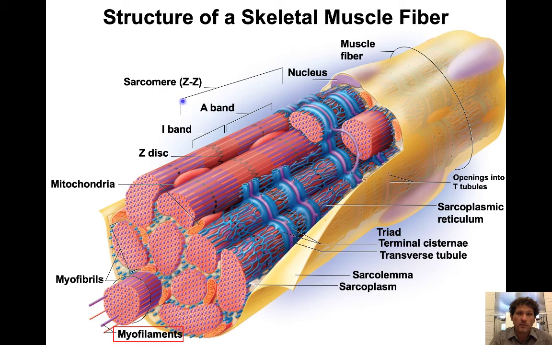We will also be talking about a structure called a sarcomere, which is basically from one Z disc to another Z disc. We'll talk about what that means, and we can see where these myofilaments are interacting in this sarcomere.